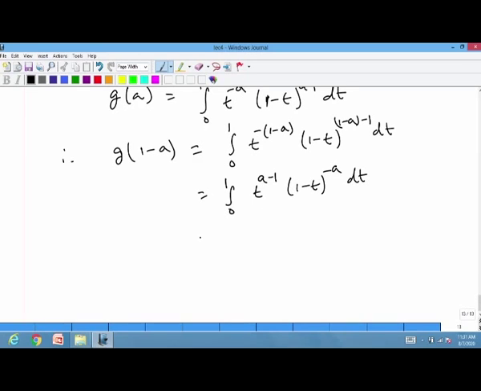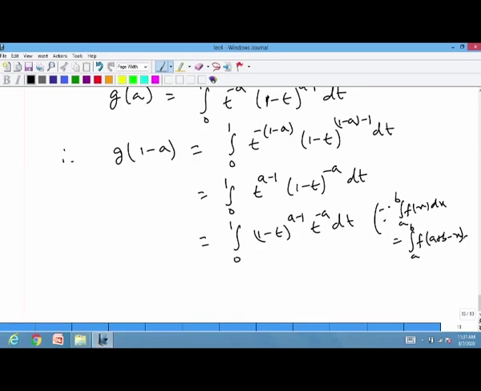Now, this is same as the integral of (1 minus t) to the power a minus 1 and t to the power minus a, dt from 0 to 1. This is because the integral of a to b of f(x) dx is same as the integral of a to b of f(a plus b minus x) dx.